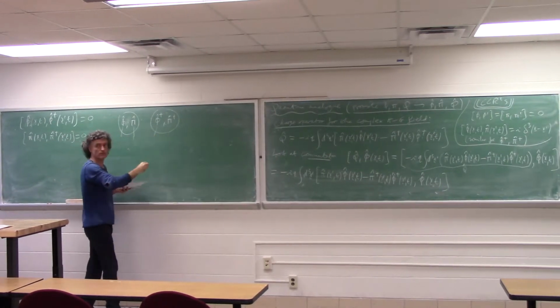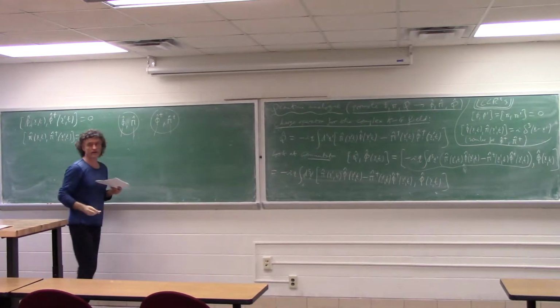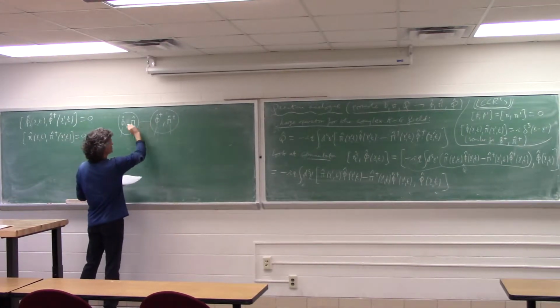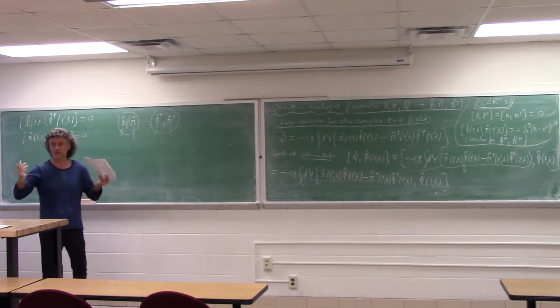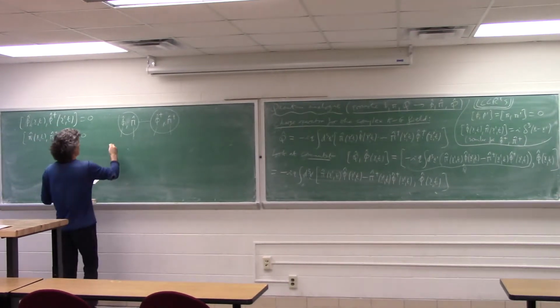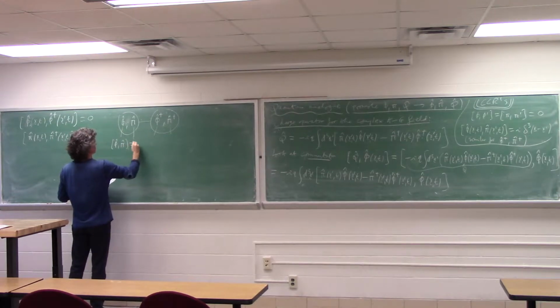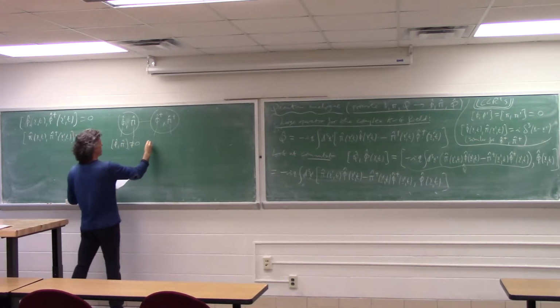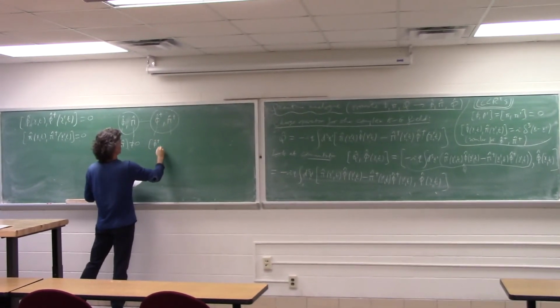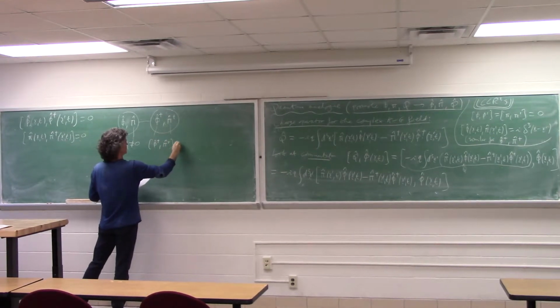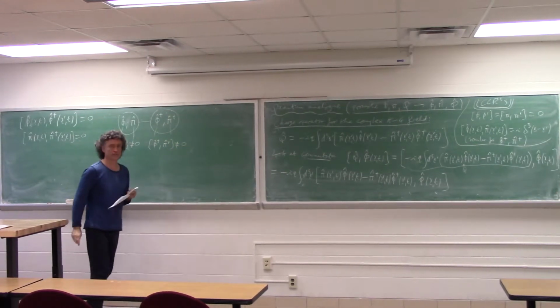Phi daggers commute among themselves. So do the pi daggers. So the only commutation relations that are non-zero are for phi with pi and phi dagger with pi dagger.